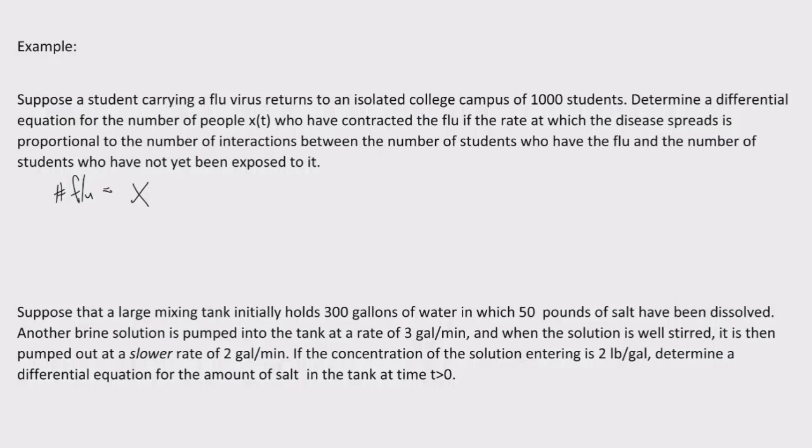The number of people who don't have the flu, the complement, is 1,000 minus x, since there are 1,000 people in this population. And so dx/dt is proportional to the product, so that would equal k x times (1,000 minus x).